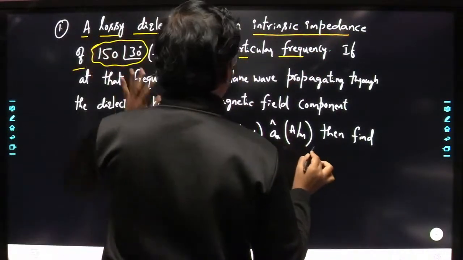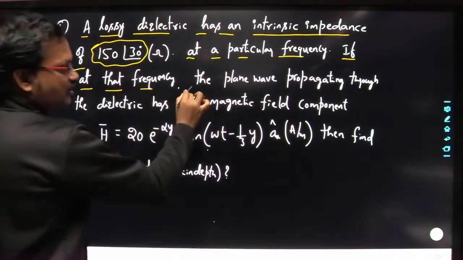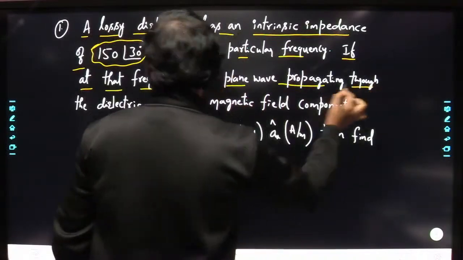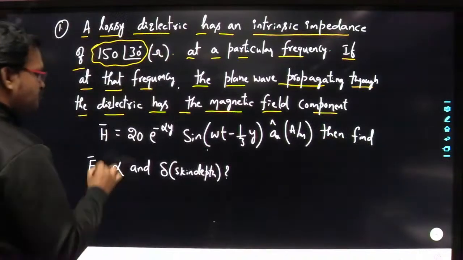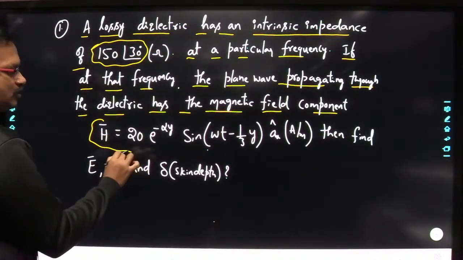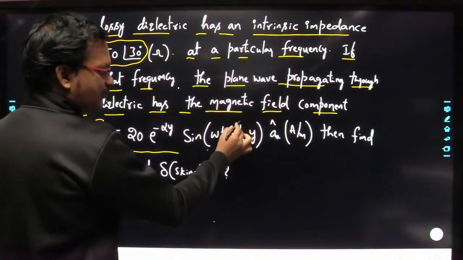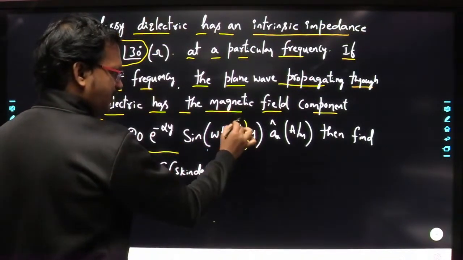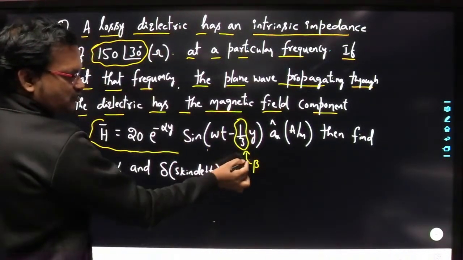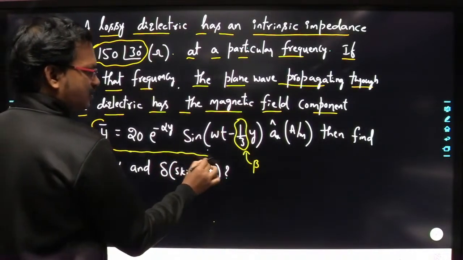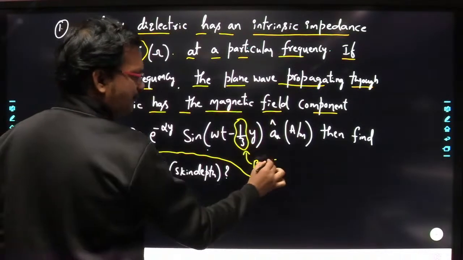At that frequency the plane wave propagating through the dielectric has the magnetic field component H bar equal to 20 e power minus alpha y sine of omega t minus 1 by 3 y. Here this 1 by 3 is nothing but beta. So sine of omega t minus beta y, where beta is 1 by 3 radian per meter, into ax cap ampere per meter.